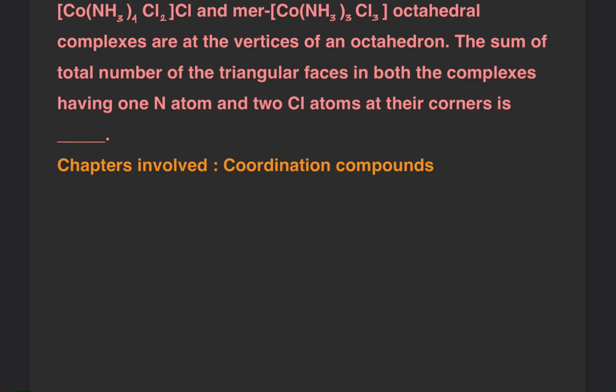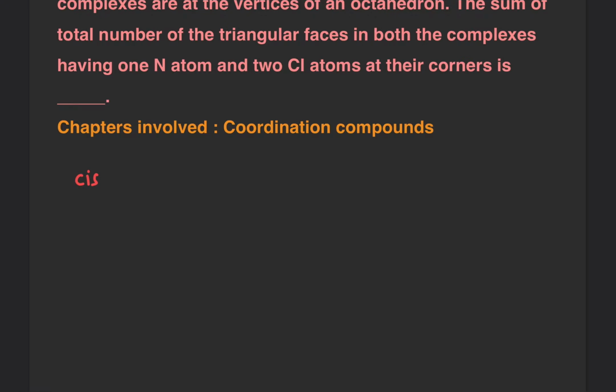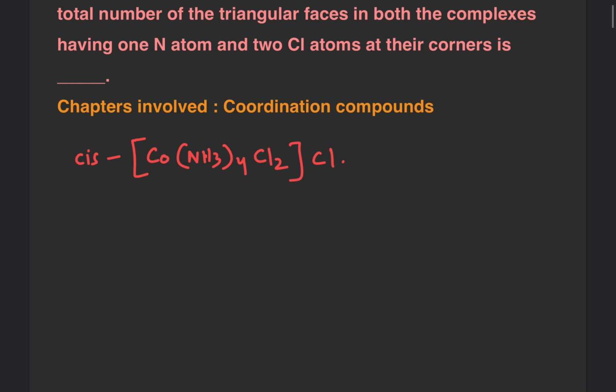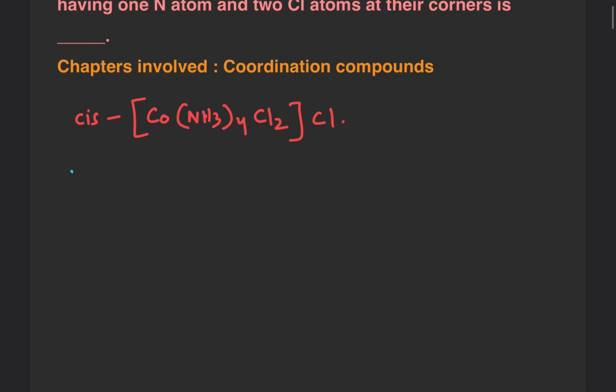So first, let's talk about cis-[Co(NH3)3Cl3]. In cis form, similar groups occupy the corners of a single triangular face of the octahedron. Very important.